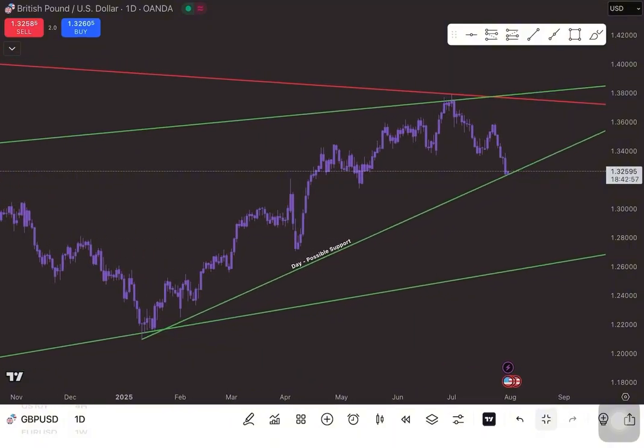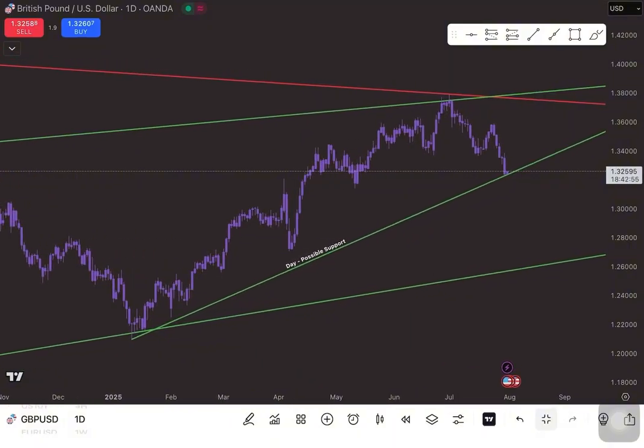Here is what we're potentially looking at right here. This one right here where it says possible support. Normally, I would not put the trend line right here just because it doesn't seem like it has enough activity on it just yet.